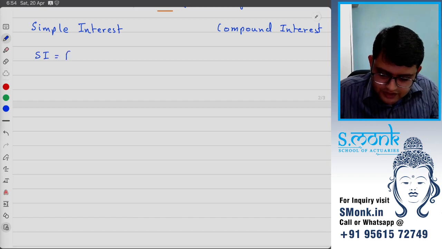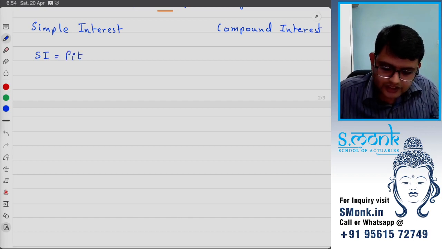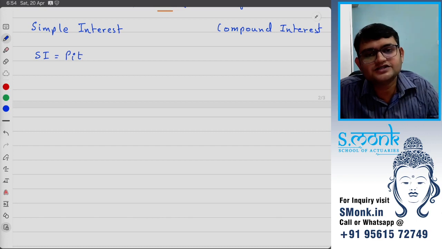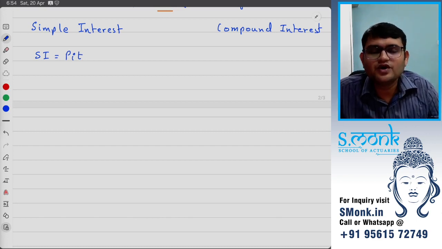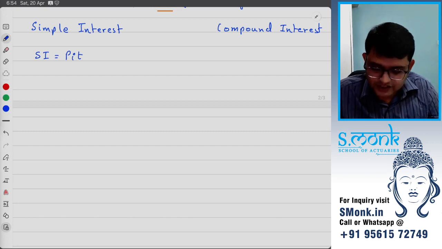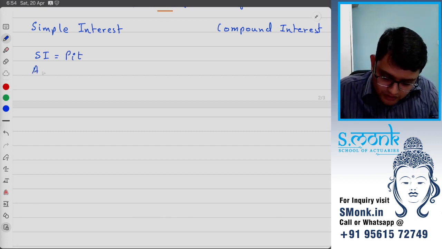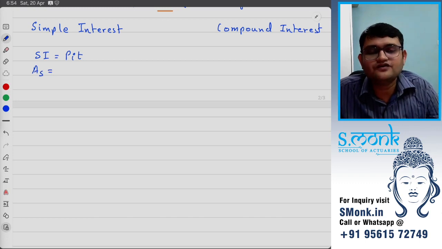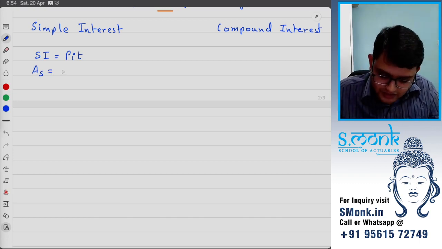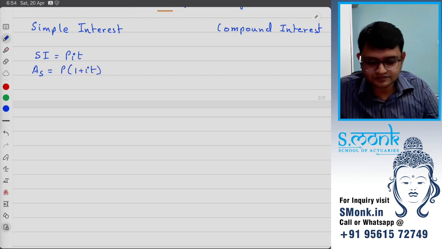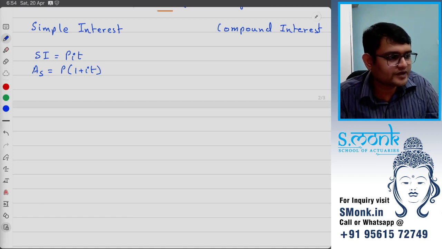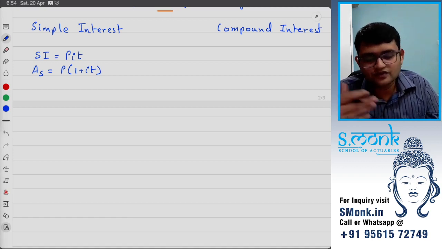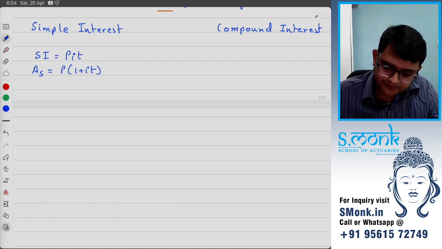It is P into I into T. P is the principal amount, I is the rate of interest, simple rate of interest, and T is the time for which it was invested. The amount that I will have in simple interest would be P into (1 plus IT). Right? So simple interest and the accumulated amount. We'll use the word accumulated. You will understand that as we go along.